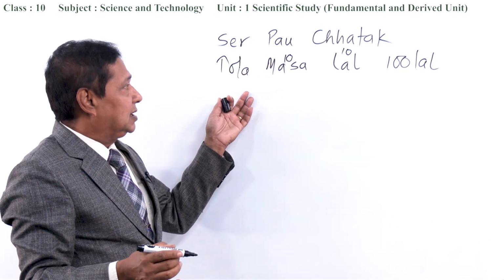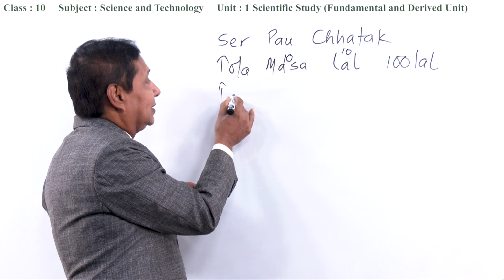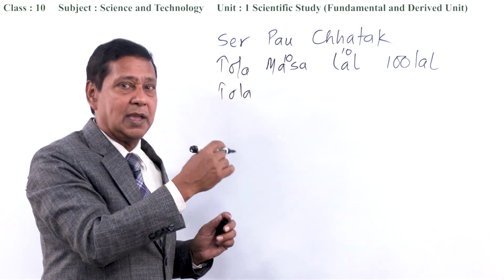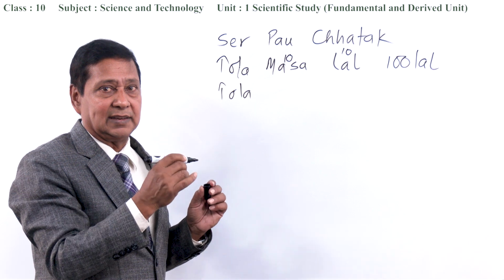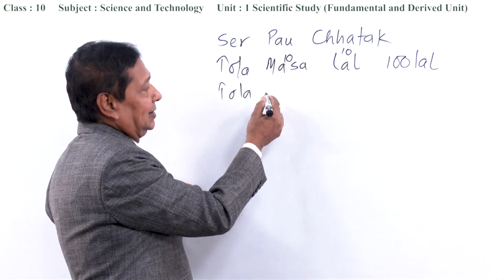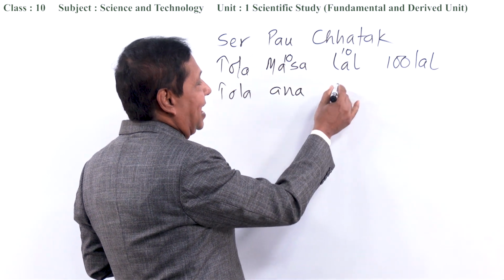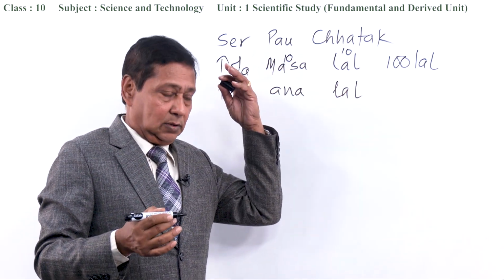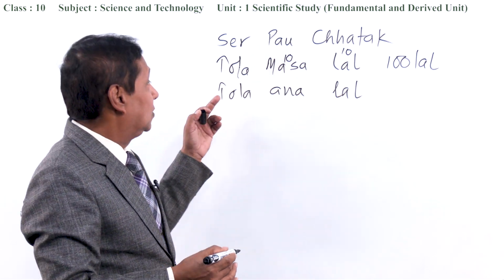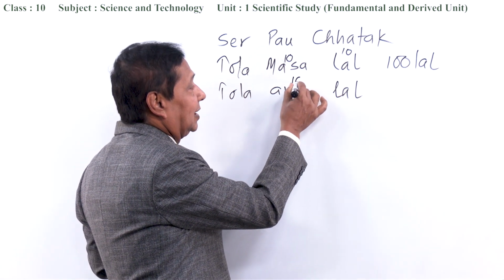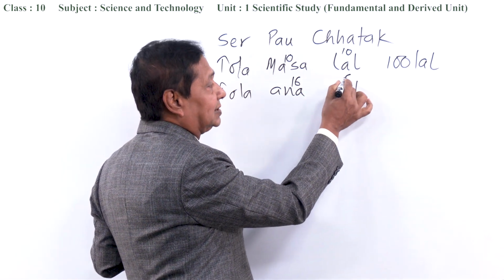The gold is measured in another way also. Why am I saying all this? Because till now it exists and we have to understand this nicely. This is our daily life experience. Tola, ana and lal. This way also the mass of gold is measured. 1 tola has got 16 ana and 1 ana has got 6 lal.